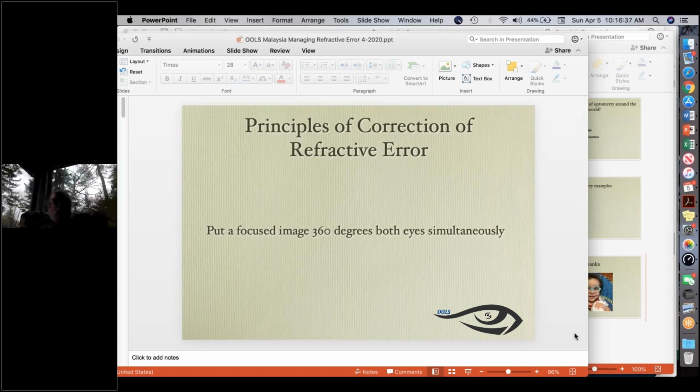Let me repeat that. A focused image 360 degrees on both eyes simultaneously. Now, I'm going to get into some detail about what I mean by that, but I want to give you an example. And I'll acknowledge that in a child, the concept may be a little bit different than in an adult, particularly for first correction in an adult.